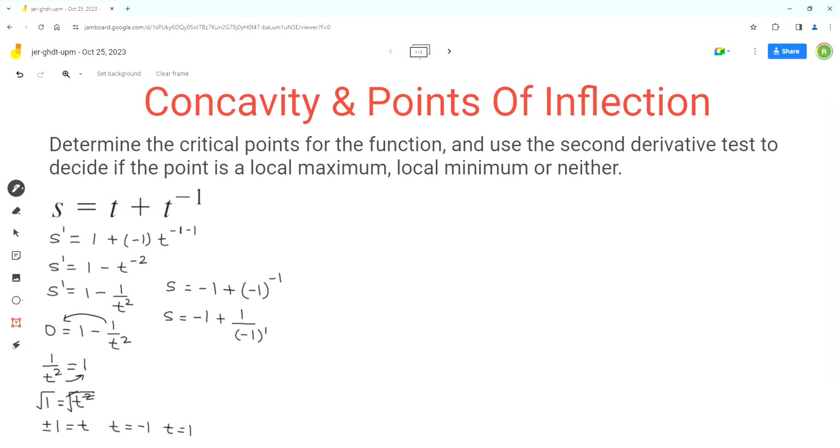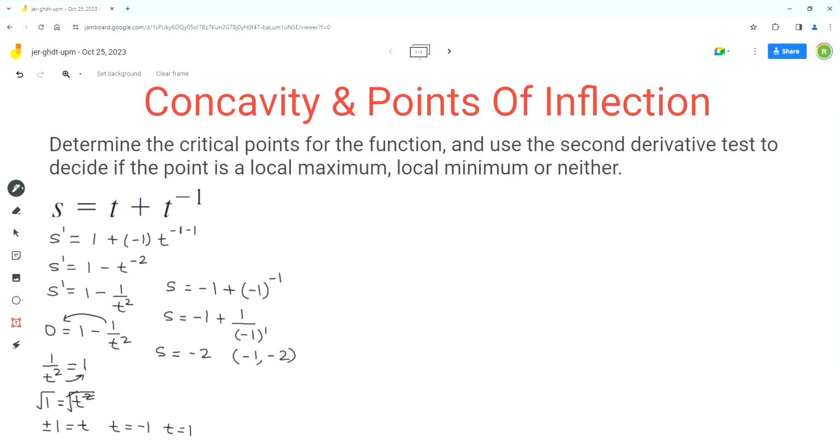Now we can evaluate the fraction. The -1 exponent 1 is equal to just -1 and 1 over -1 is equal to -1. So we get s equals -2. So the critical point is -1, -2.